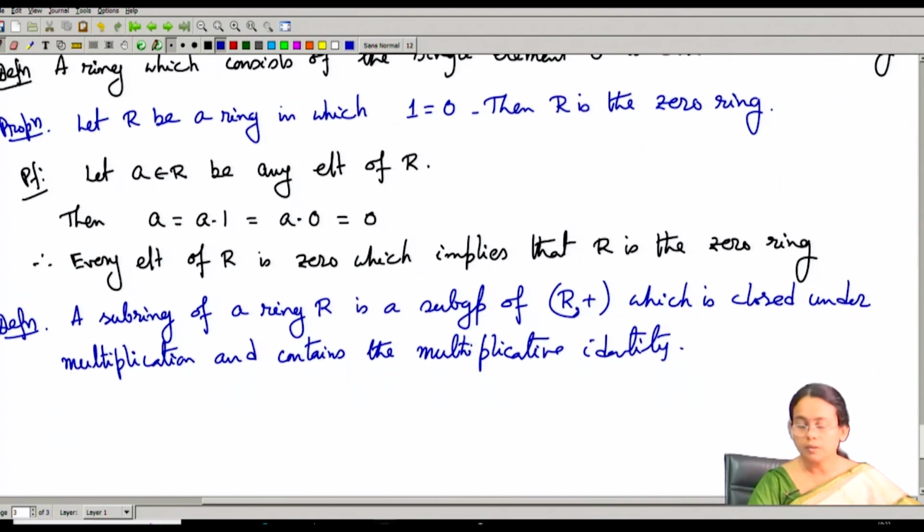In other words, a subset of R which itself has a ring structure is in fact a subring.